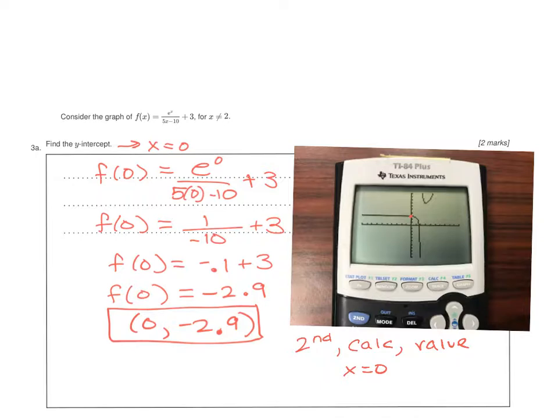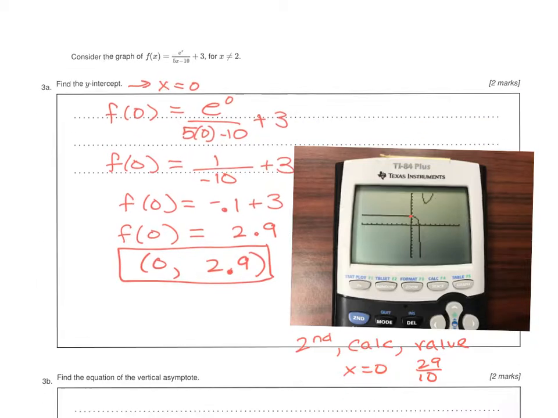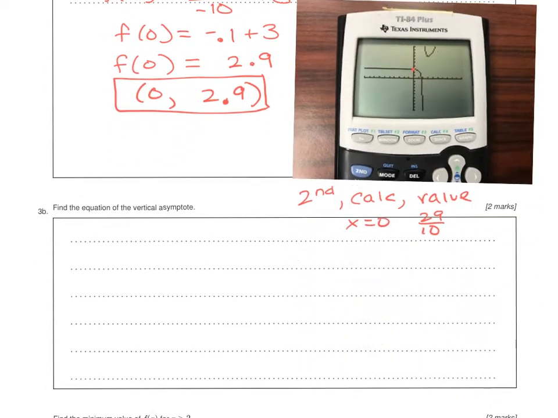And it gives you 29/10, which is a good thing I just did that because it's not negative 2.9, it is positive 2.9. So that is a oops for sure. Okay, so that is our first question.